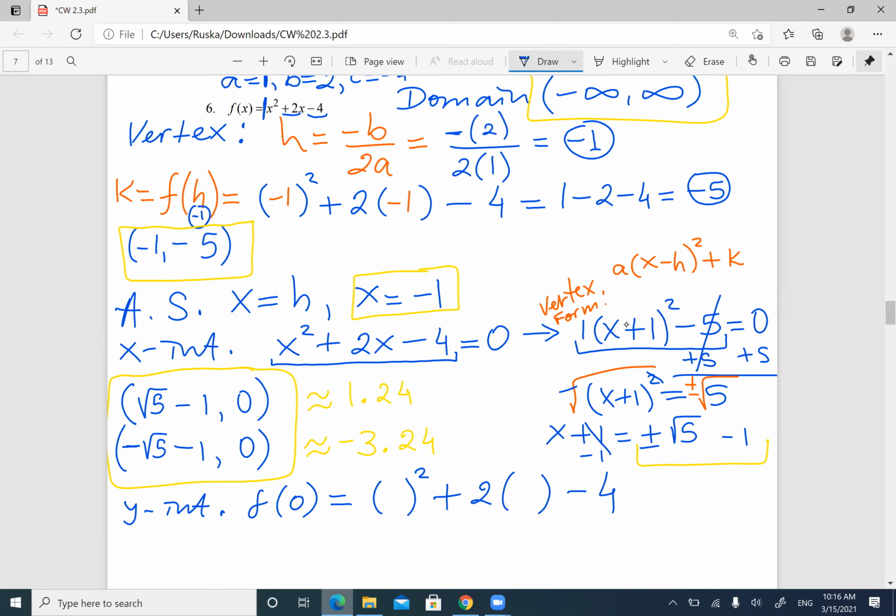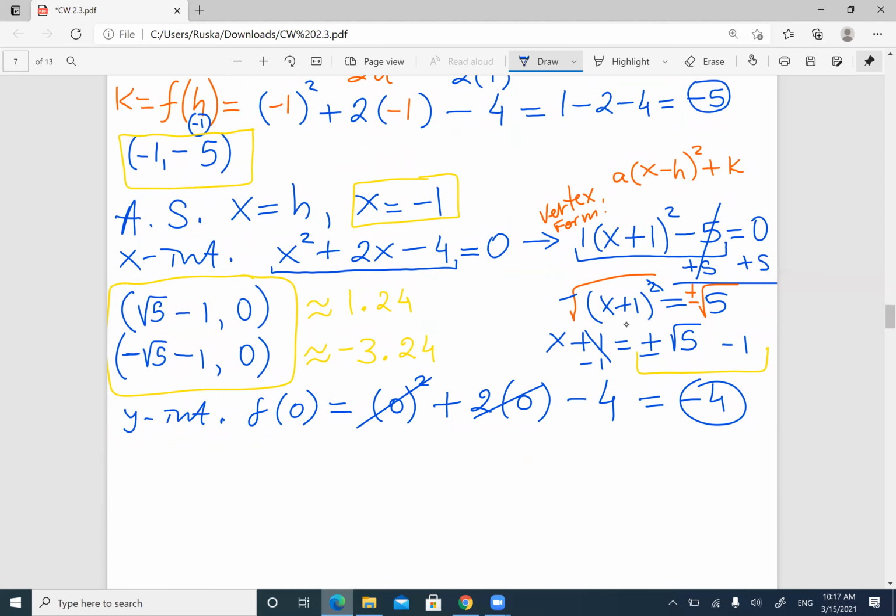When I replace all the x's with 0, this is 0, this is 0, so it's going to be negative 4. So the y-intercept is at negative 4. You're going to cross the y-axis at negative 4, and the point you need to write is (0, -4).